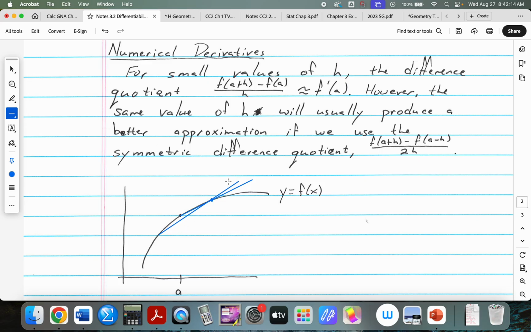Do you see how the second one that we've drawn looks like it may be parallel to this tangent, right? And so it's generally a better way to go. So rather than just looking to the right, let's look to the right and the left, and you, generally speaking, get a better approximation.